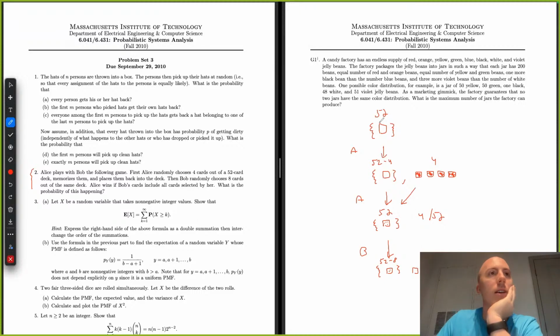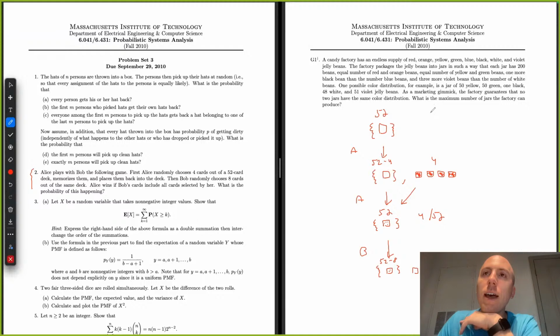We can think of a simplified problem. What if Bob only picked 4 cards? Then what is the probability of Alice winning? Bob picks all 4 cards. In order for Alice to win, Bob, with every single pick, has to pick Alice's card.